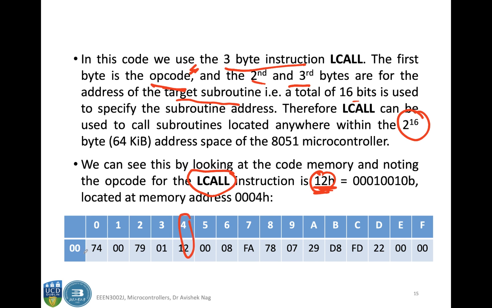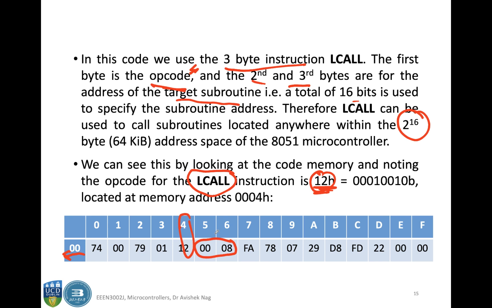So you read from this side, 0004. This is your LCALL opcode, and the next 2 bytes that follow give you the address of the subroutine.